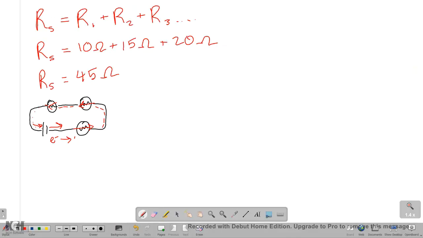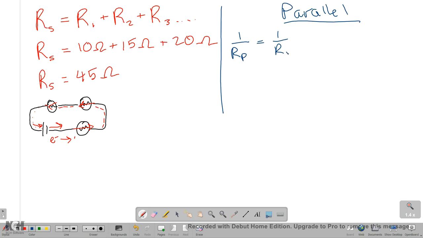So if I'm looking at a parallel circuit, one over the total resistance, and I'm going to put RP here for parallel, is equal to 1 over R1 plus 1 over the second resistor plus 1 over the third, and etc. So for our circuit, 1 over RP would be equal to 1 over 10 ohms plus 1 over 15 ohms plus 1 over 20 ohms.